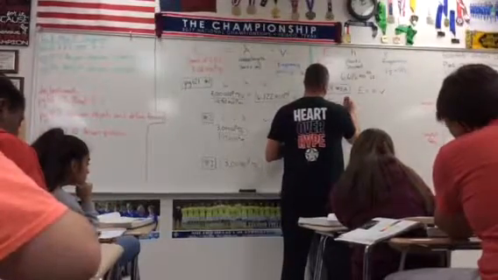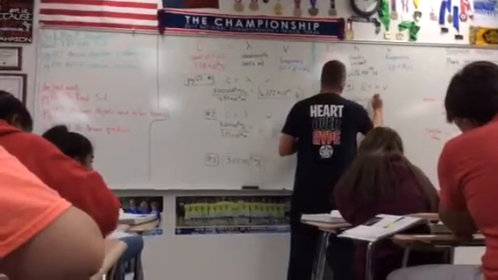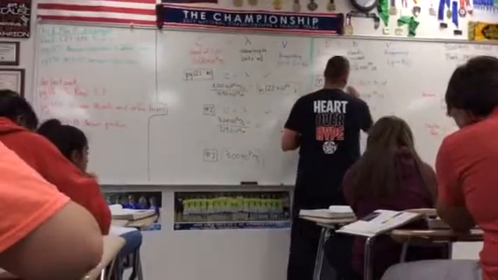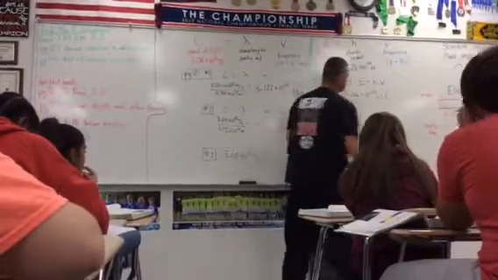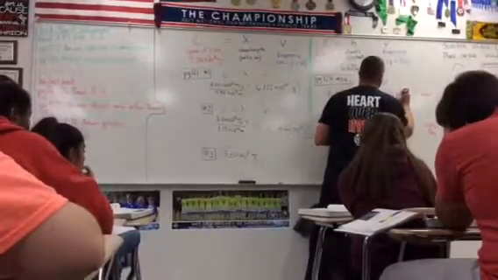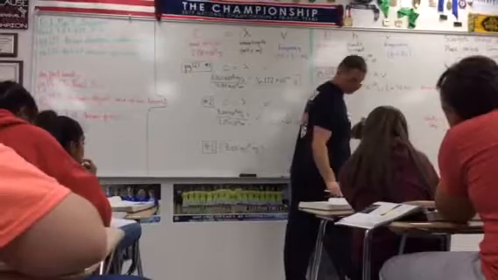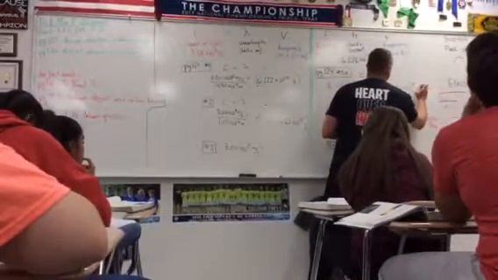E equals Planck's constant, so that's 6.626 times 10 to the minus 34 joule seconds times the frequency. And the frequency it gave me was 6.32 times 10 to the 20th, and 1 over a second.